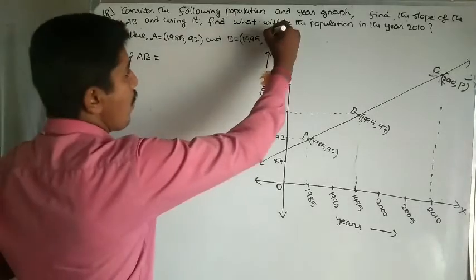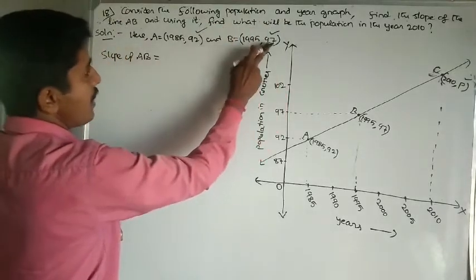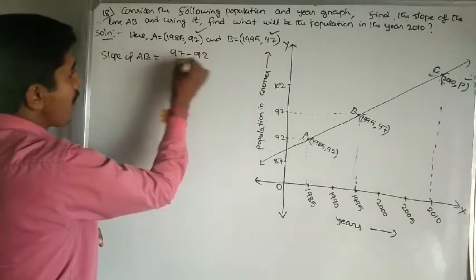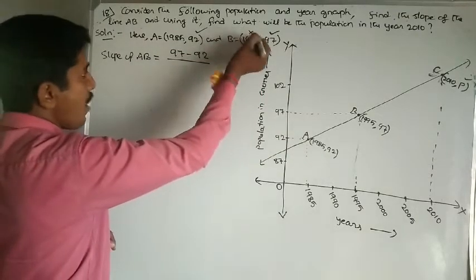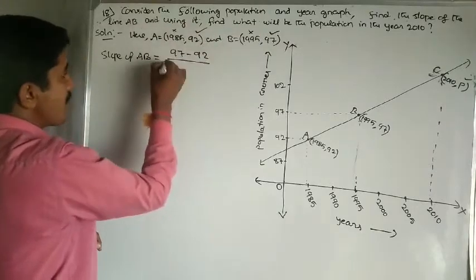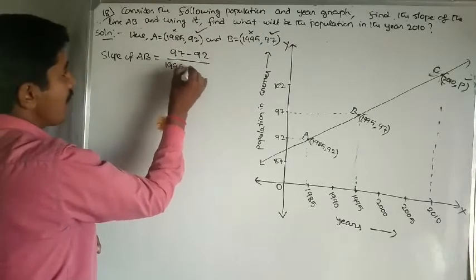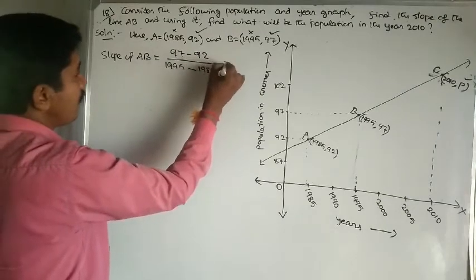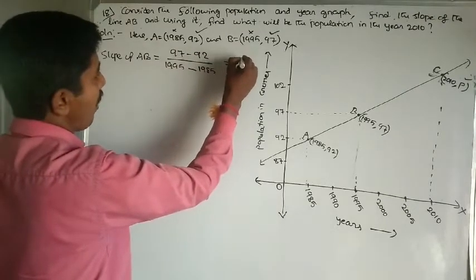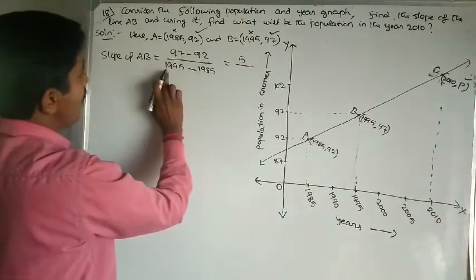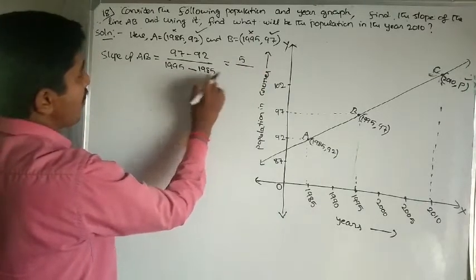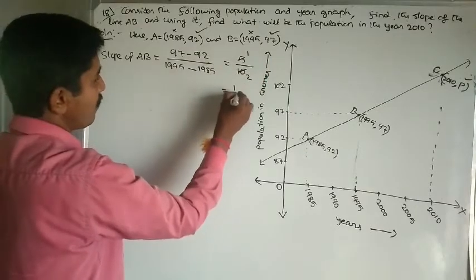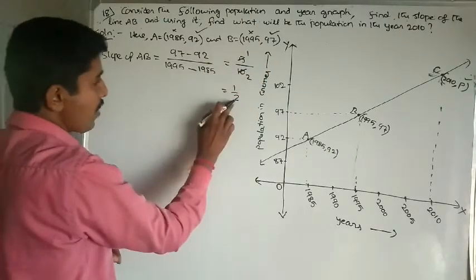That is 97 minus 92, divided by 1995 minus 1985. That is 5 divided by 10, clearly half. Clearly, slope of AB equals half.